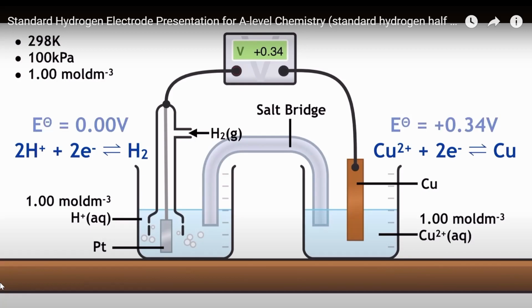Yes, you just have ions on their own. Okay, what's in the salt bridge? Ions. What kind of ions? Positive and negative. Okay. And what state are they? Aqueous.